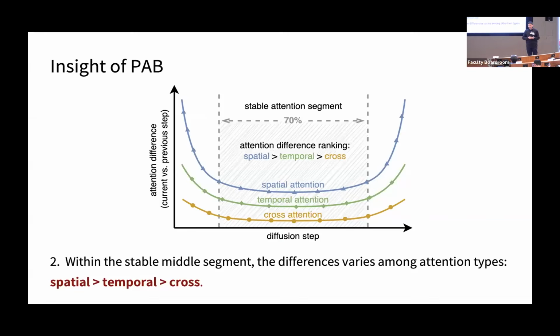So assuming all the attentions change slowly in the middle, but spatial attention is aggressive, and the cross attention is very stable. Okay, that's the second pattern, right?